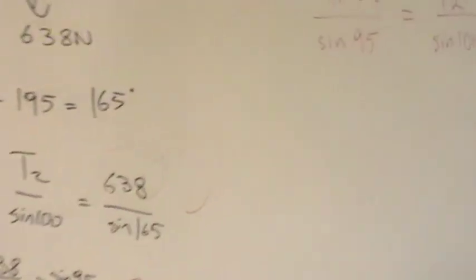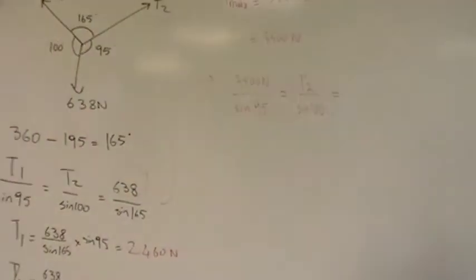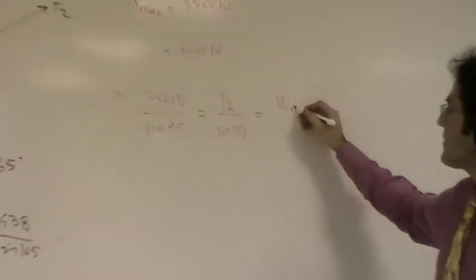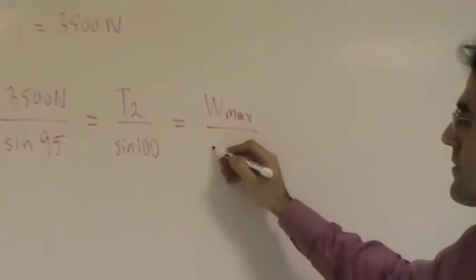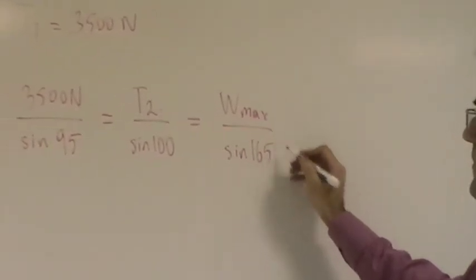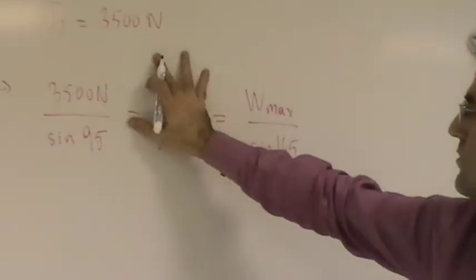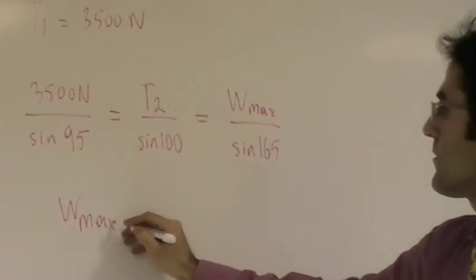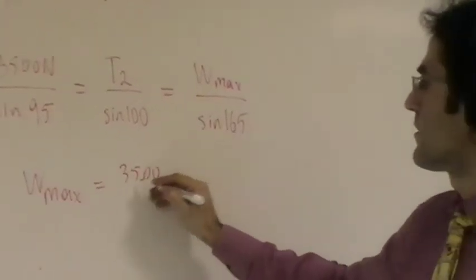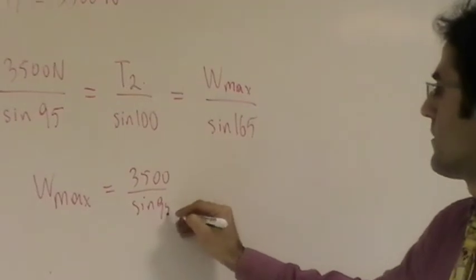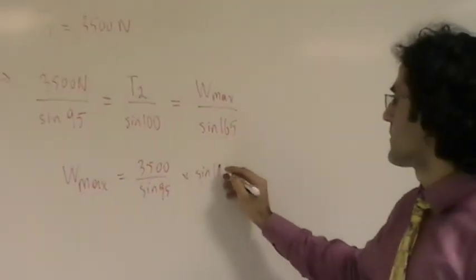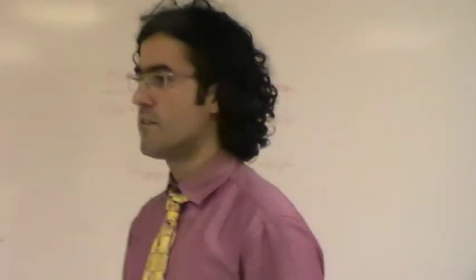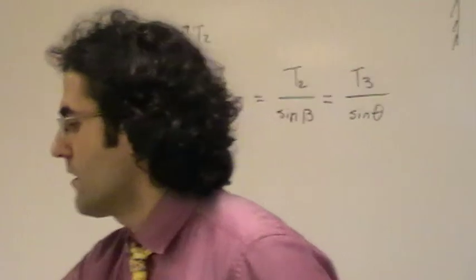In this case, the weight is not equal to 638. So I'm going to write the maximum weight divided by sine of this angle, which is 165. Cross this one out, and use this one to find the maximum weight. Maximum weight will be equal to 3,500 divided by sine of 95 multiplied by sine of 165, and then you will get the maximum weight as a number.